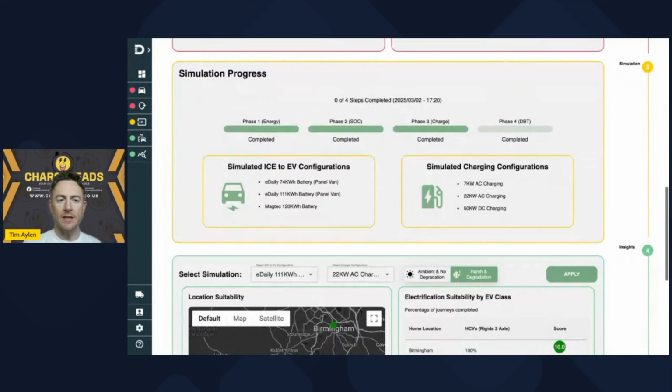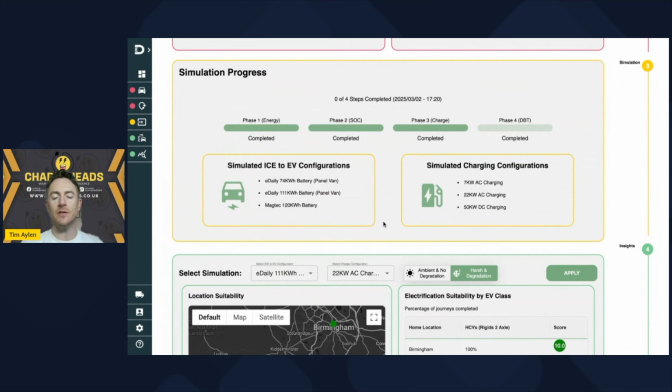So we've got here the simulation that I've configured against the ICE fleet data. You can put up to 3 vehicles in here. So against the ICE data, I've put 2 Iveco e-daily vans of 2 different battery sizes, 74 kilowatt hour and 111 kilowatt hour, and also a vehicle called a Magtech, which is 120 kilowatt hours.